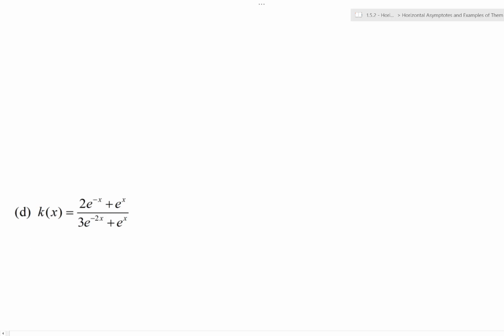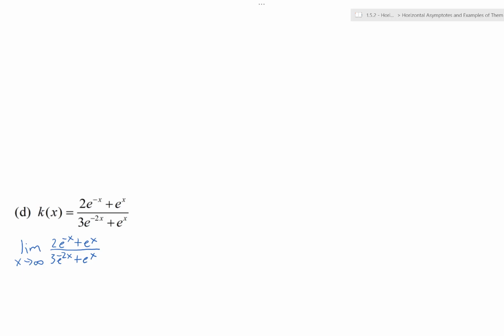All right, so let's first start with the limit as x goes to positive infinity of this function, 2e to the negative x plus e to the x in the numerator divided by 3e to the negative 2x plus e to the x in the denominator. Now, we remember our behavior of exponential functions as well.